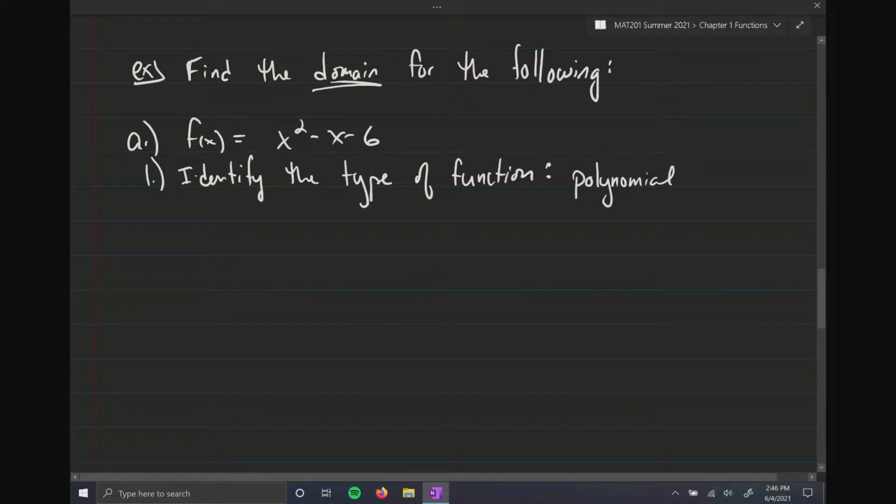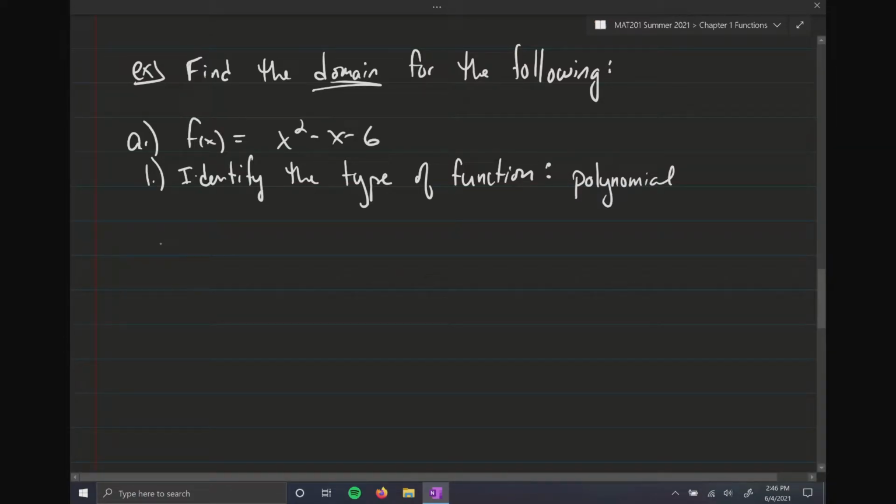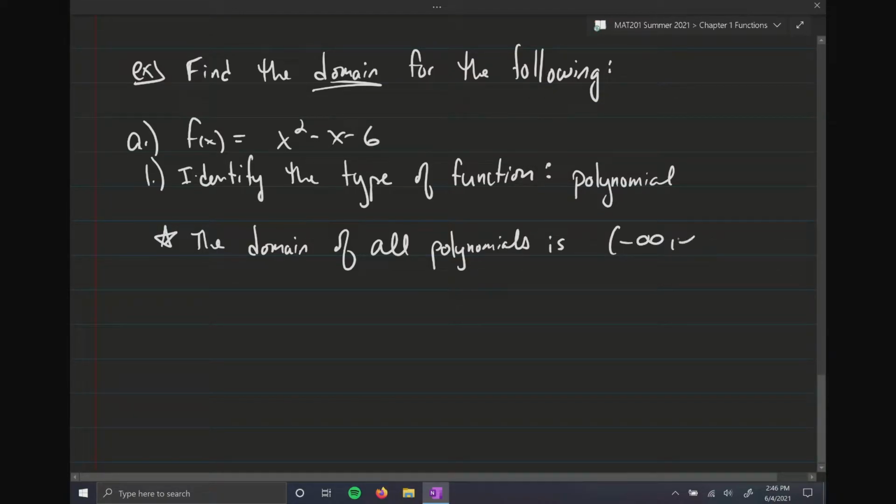Now, as far as I'm concerned, I can stop right here, because I understand that the domain for all polynomials, and this is huge, so if you don't know this, you definitely want to write this down because I'm going to put a little star next to it, the domain of all polynomials is negative infinity to positive infinity. Or another way you could say that would be all real numbers.